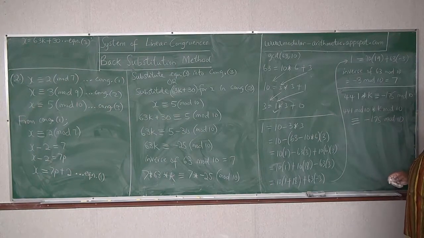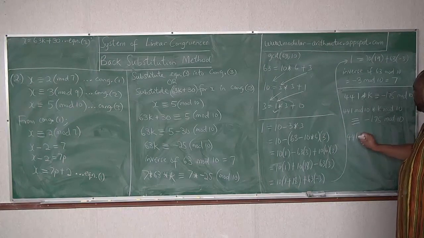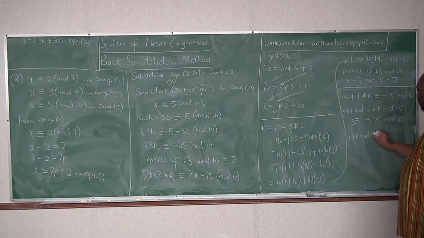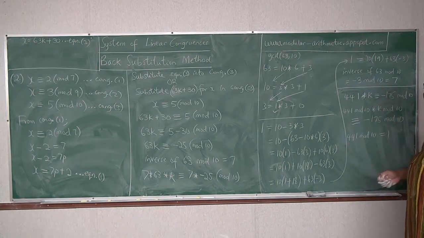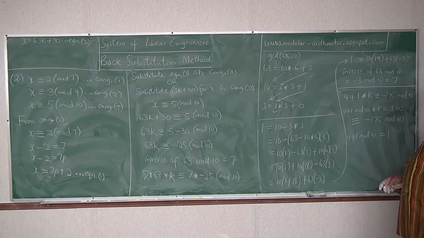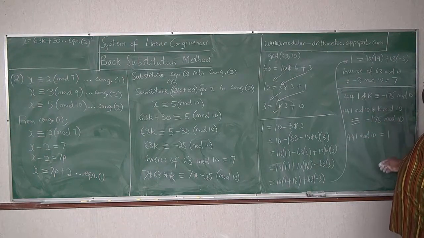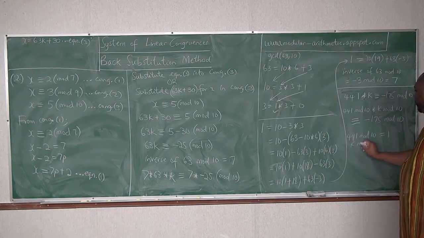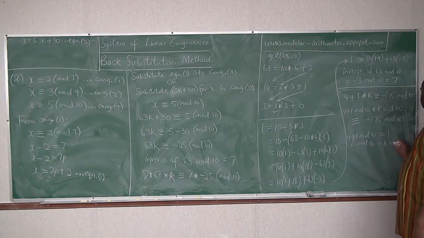Okay? 441 mod 10, of course 440, this is 1. That was the essence of doing that. So we now have 441 mod 10 is 1. K mod 10 is still k mod 10.